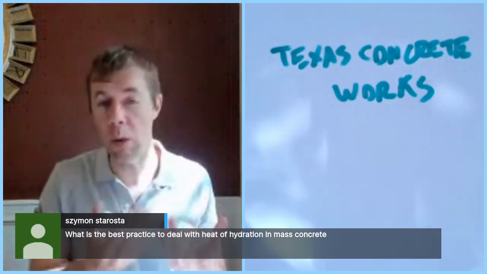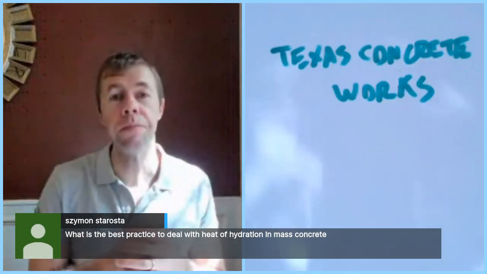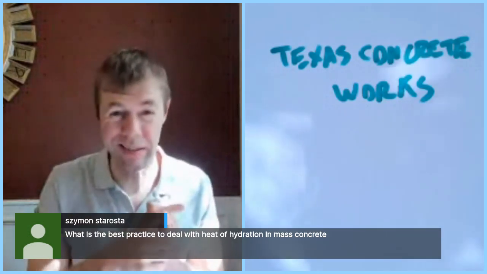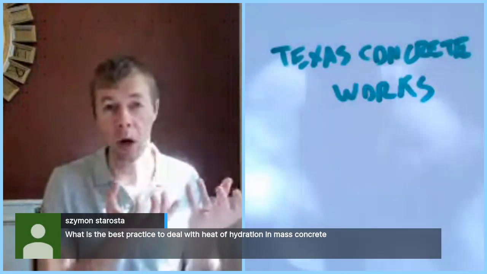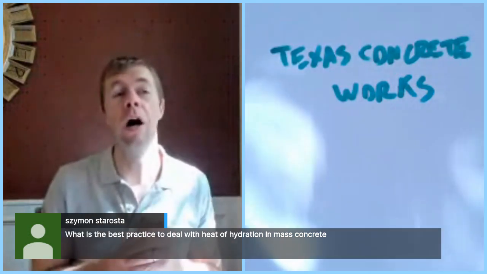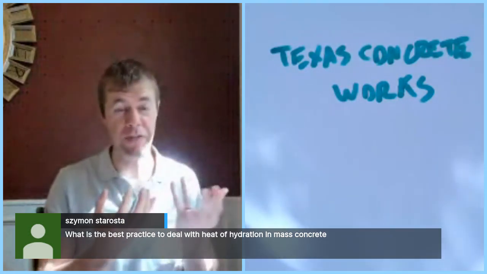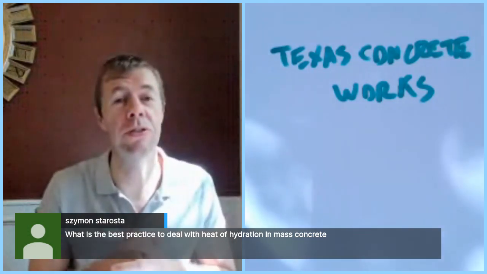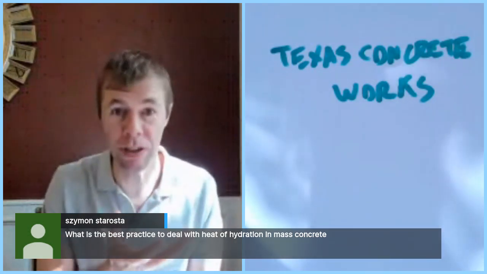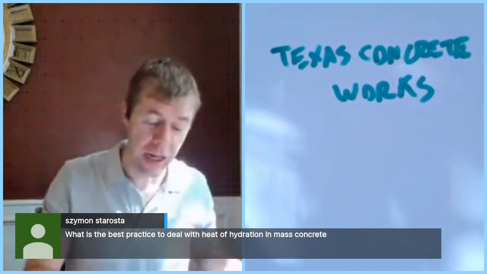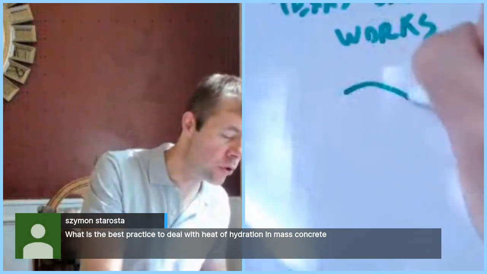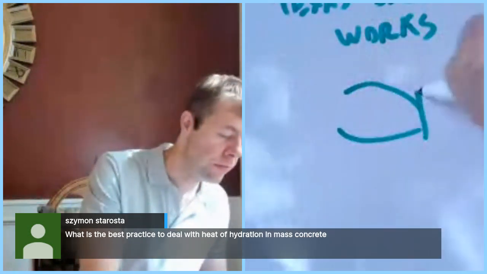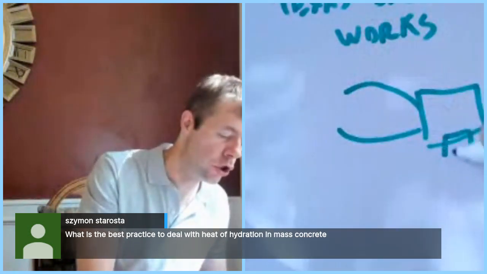Then if that wasn't enough, I would try to use ice in my concrete mixture, replacing some of my mixing water with ice. Or if that's too expensive for you, another option is to use liquid nitrogen in a concrete mixture, in the concrete truck itself.